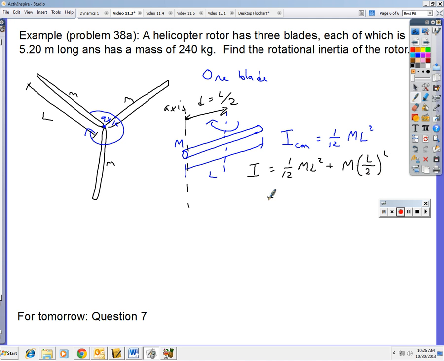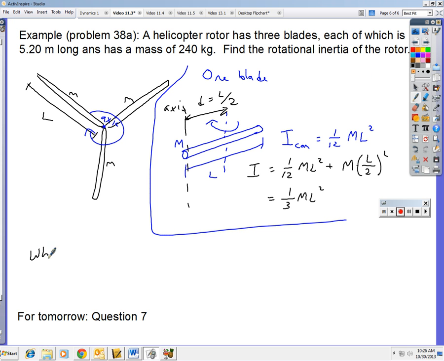A little bit of algebra gives us the result 1/3 mL squared is the moment of inertia for one blade.